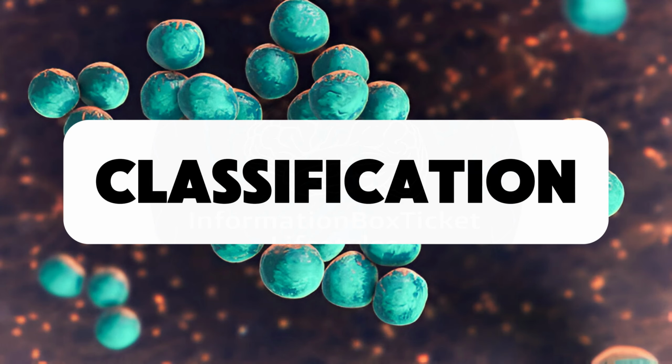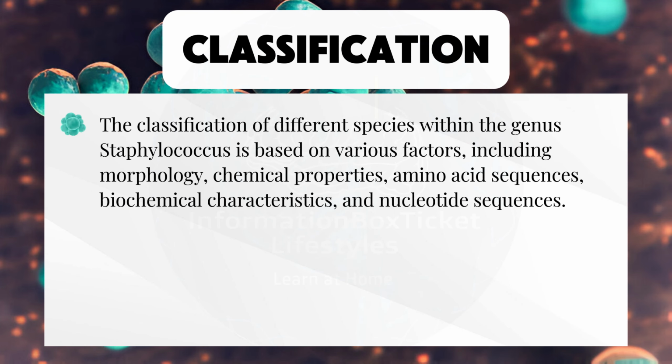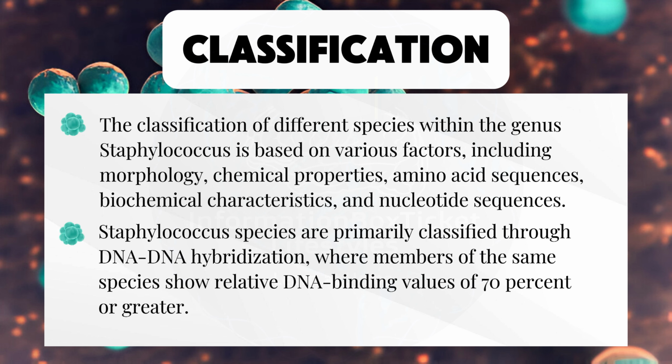Classification of Staphylococcus lugdunensis. The classification of different species within the genus Staphylococcus is based on various factors, including morphology, chemical properties, amino acid sequences, biochemical characteristics, and nucleotide sequences. Staphylococcus species are primarily classified through DNA-DNA hybridization, where members of the same species show relative DNA binding values of 70% or greater.